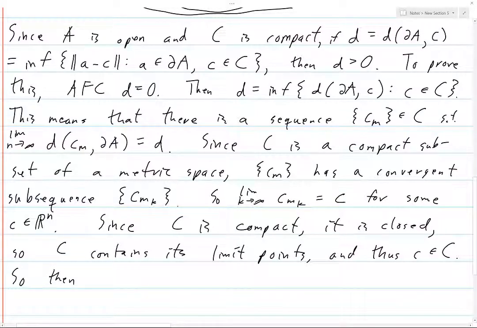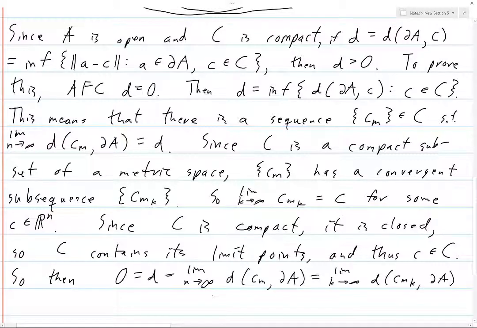and d is equal to, well, let's see. We're assuming for contradiction that d equals 0. So 0 is equal to d, which is the limit as n goes to infinity of the distance between c_n and ∂A, which is the same as the limit as k goes to infinity of the distance between c_{n_k} and ∂A, because if the limit exists for the entire sequence, then certainly it exists for the subsequence.